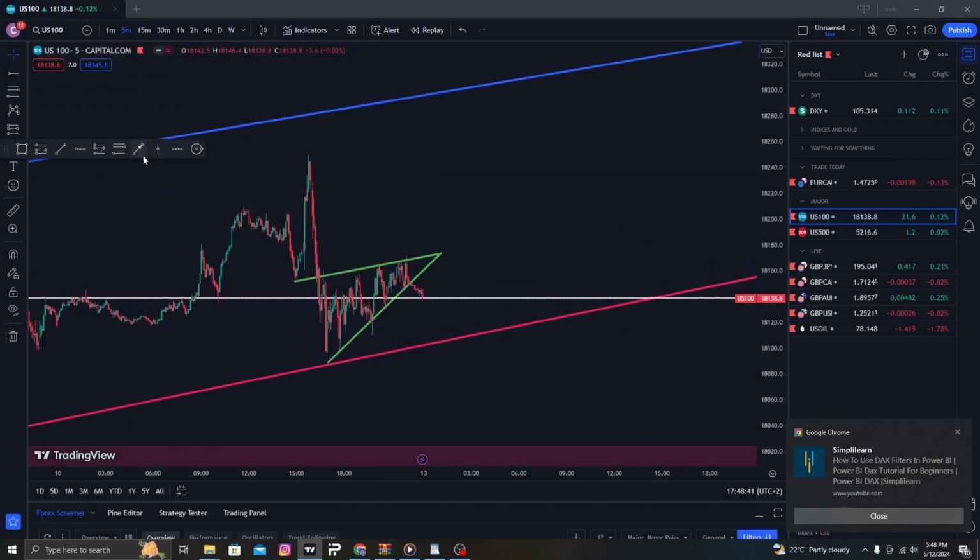Price can break this level and go down, or go up and struggle to break it, then go down. That time I'm just waiting. I'm not entertaining the market, guys. I'm relaxing. I'm waiting for a break.